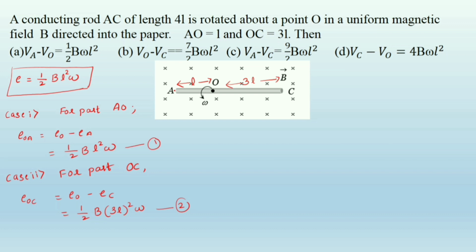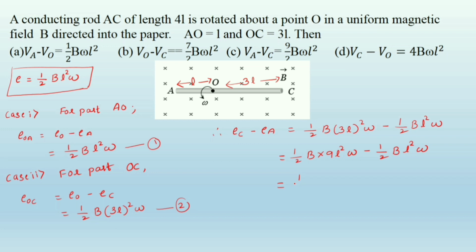Now we want from A to C. So we can write, therefore, the induced EMF at point C to point A gives half B, 3L whole square omega, minus the first value, half B L square omega, which is at point A. So we get 1/2 B 3L square, that gives 3 square is 9 L square omega, minus half B L square omega.